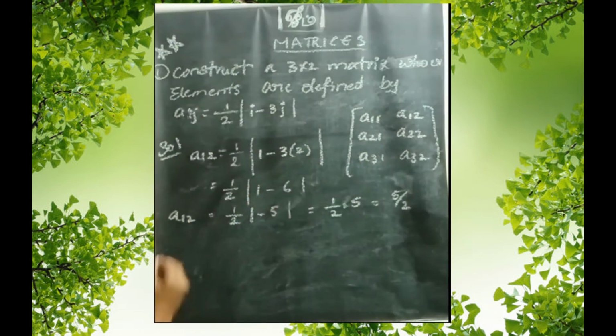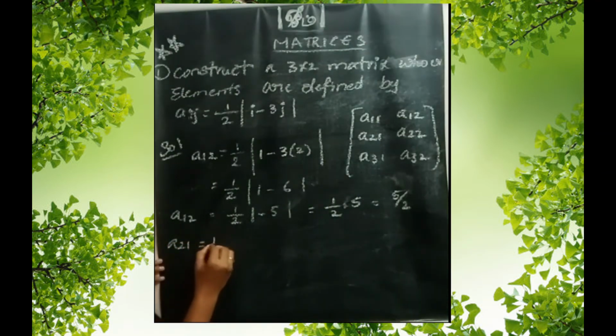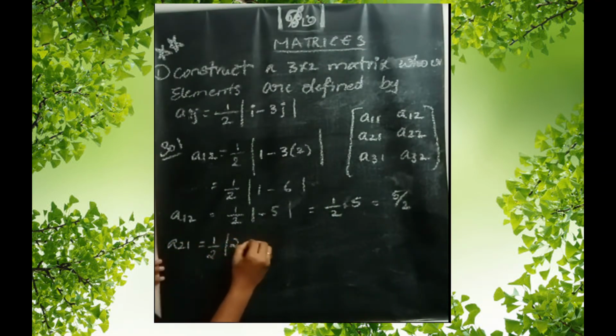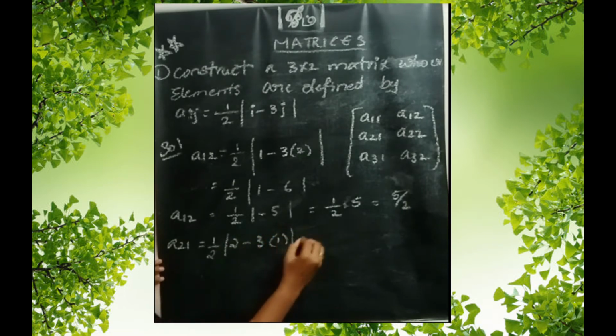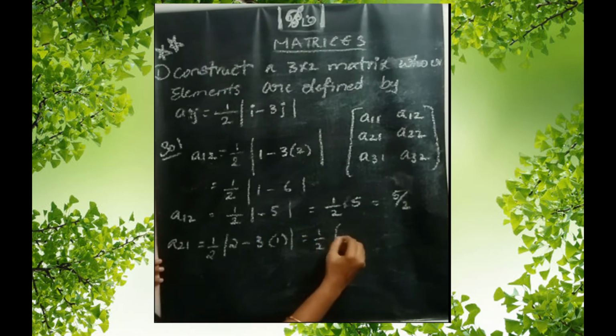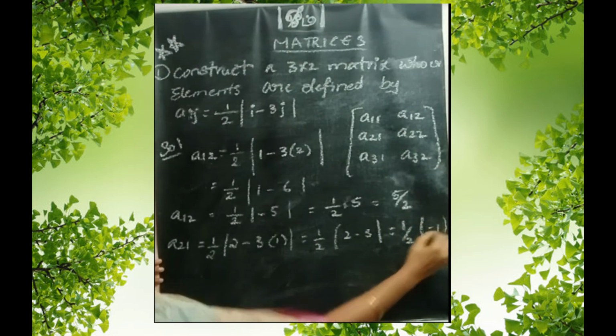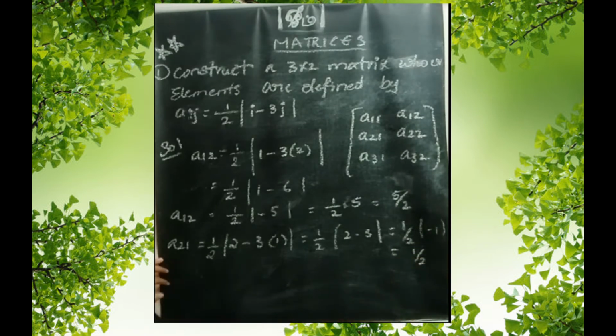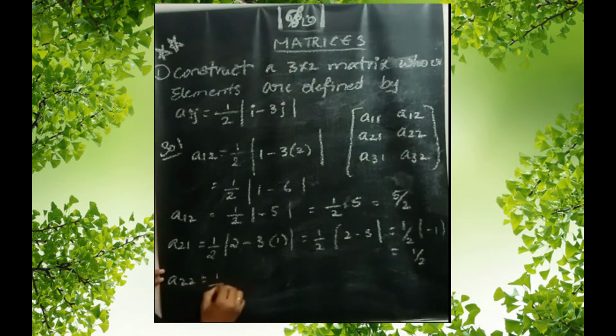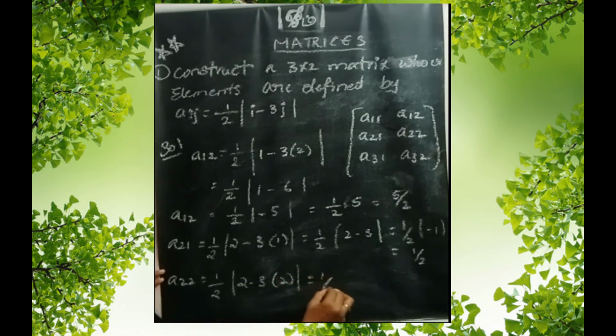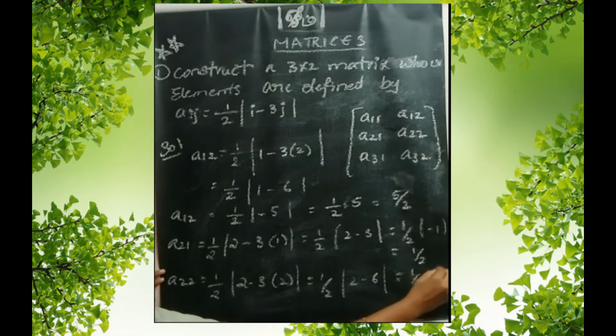Next, A21. A21 equals 1 by 2 mod of 2 minus 3 times 1. 1 by 2 into mod of 2 minus 3, which is 1 by 2 into mod of minus 1. So 1 by 2. This is the value of A21. Now same like that, A22. 1 by 2 mod of 2 minus 3 times 2. 1 by 2, 2 minus 6. 1 by 2 into 4.